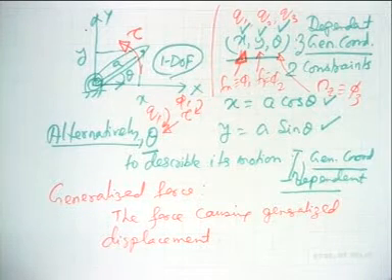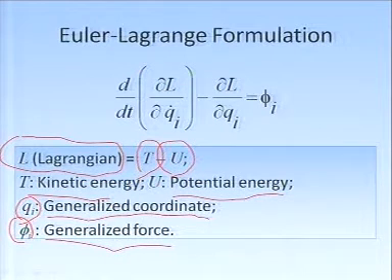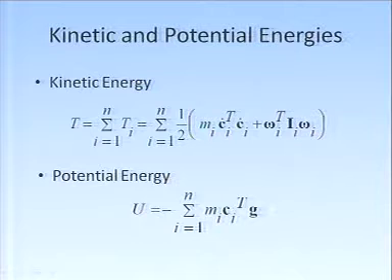So, in the Euler-Lagrange descriptions, q1, q2, q3 are generalized displacements and phi_i is a generalized force. q_i dot means the time derivative of the generalized coordinate, and this is just the force. If you want to write the kinetic energy and the potential energy, we write the kinetic energy of one body, say the ith body. We can calculate the kinetic energy of the ith body from its mass and the velocity squared, in other words velocity vector transpose velocity.